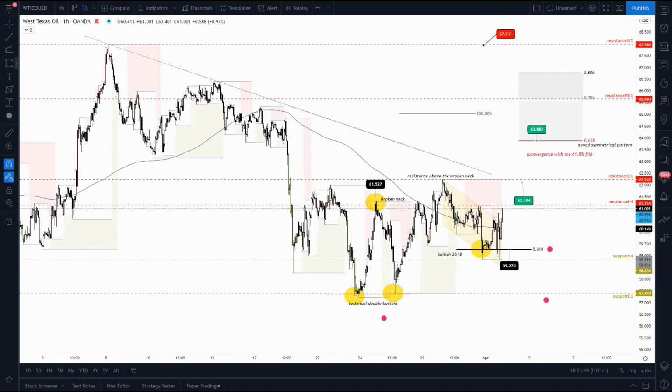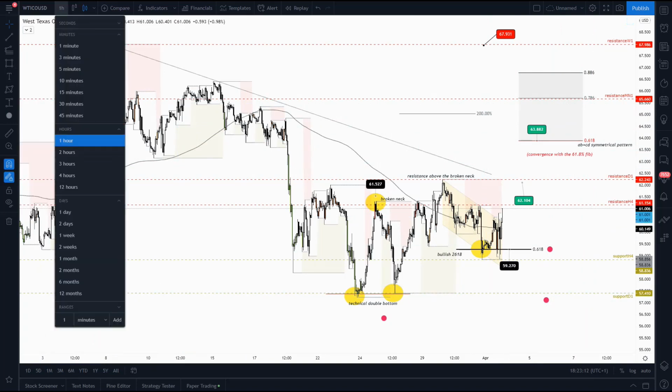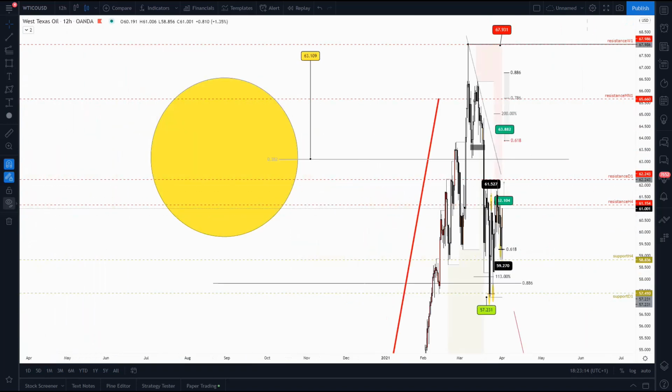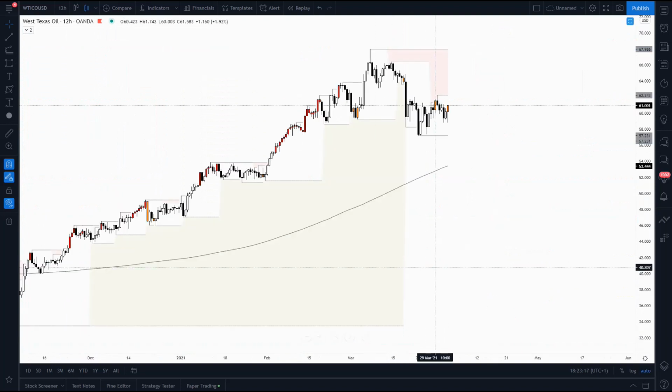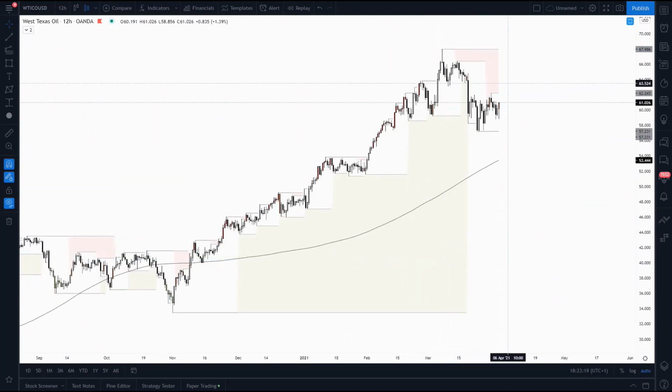Another thing that I want to share with you, on a daily or a higher time frame, let's not ignore the potential formation of this left shoulder, head and right shoulder. I will not use my drawings because that will pop up all my drawings again.